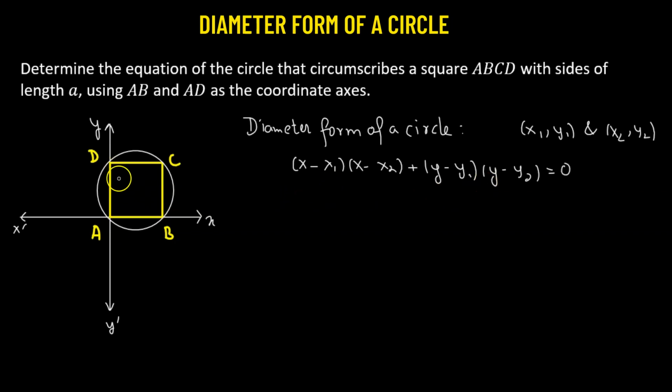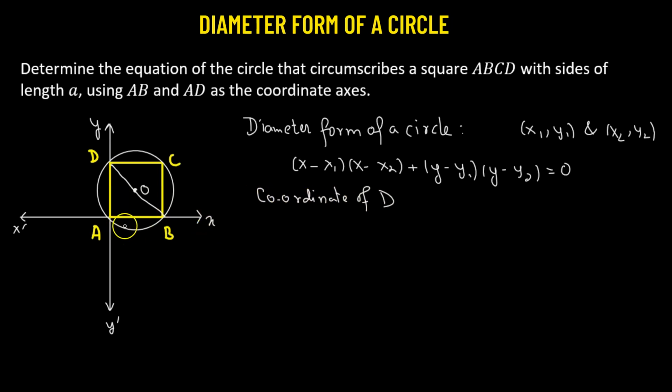So that means in our case, let's say we join BD, and we know that the diameter of a circle with an inscribed square is always going to pass through the center of the circle. Let's call the center O. So we'll have to find the endpoints D and B. What will be the coordinates of point D?